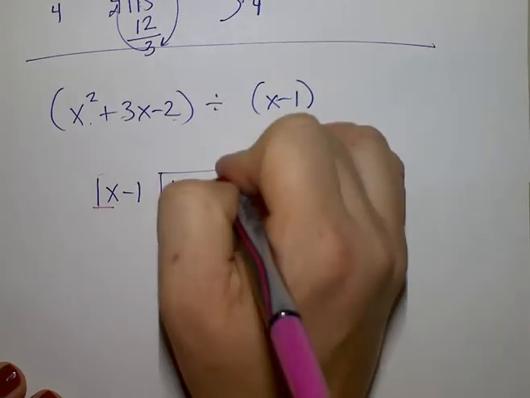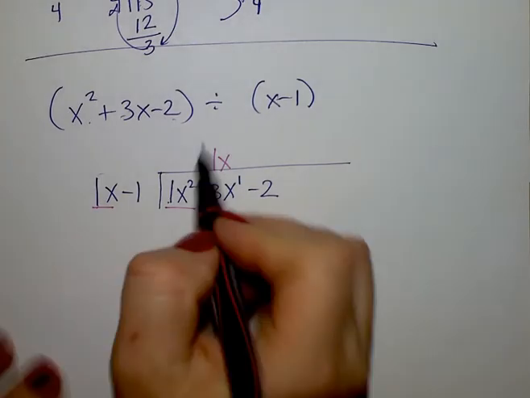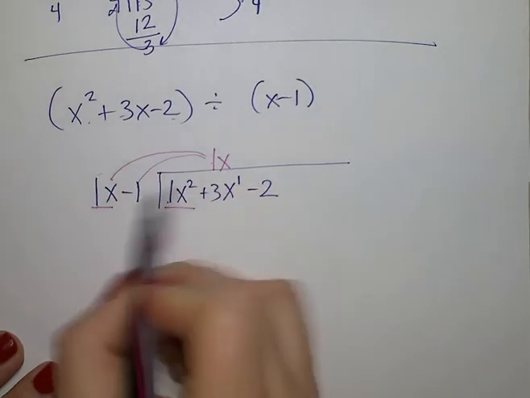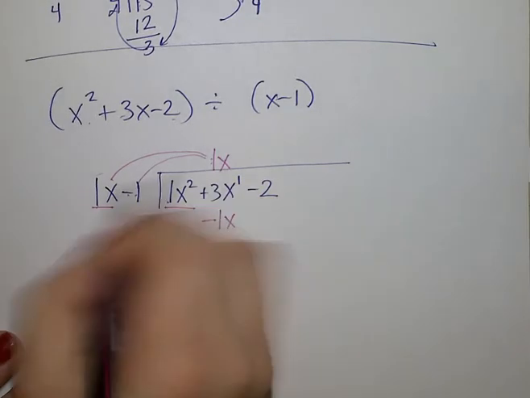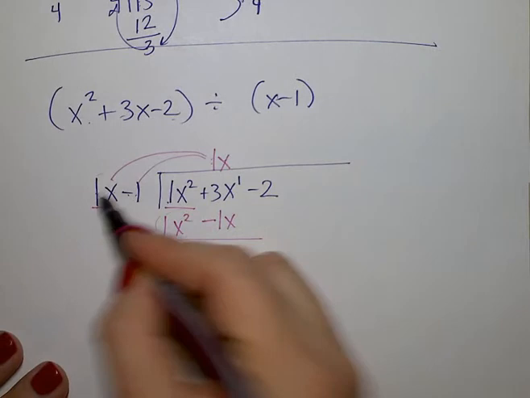So above here I write 1x. Now I'm going to multiply it times these two quantities. 1x times negative 1 is negative 1x. 1x times 1x is 1x squared. If you end up with this number, you most likely have done this step correctly.